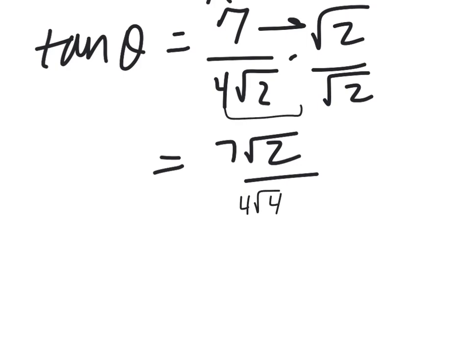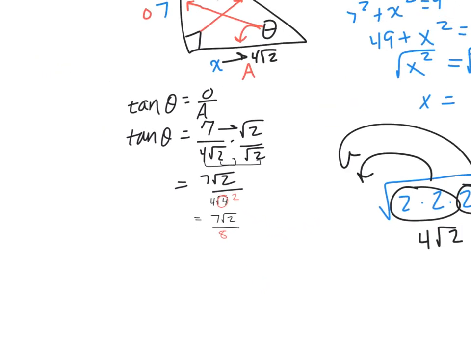Because 4 times 1 is 4, and radical 2 times radical 2 is radical 4. This then becomes even simpler. I get 7 radical 2 over 4 times 2, because this becomes a 2. What's 4 times 2? 8. That's your final answer. 7 radical 2 over 8 is equal to tangent of theta.